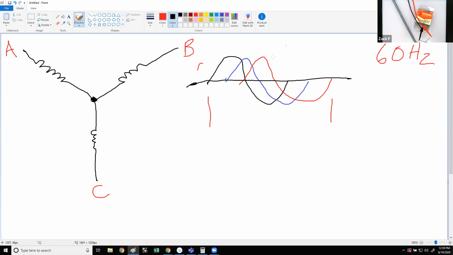So let's say, Anthony, you're the black sine wave, Ballard, you're the blue sine wave, and Connor's the red sine wave. Okay. So when this is approaching Anthony, and he's going to peak up here, the magnetism gets stronger as current rises. Now this is current flow, by the way. This is not voltage.